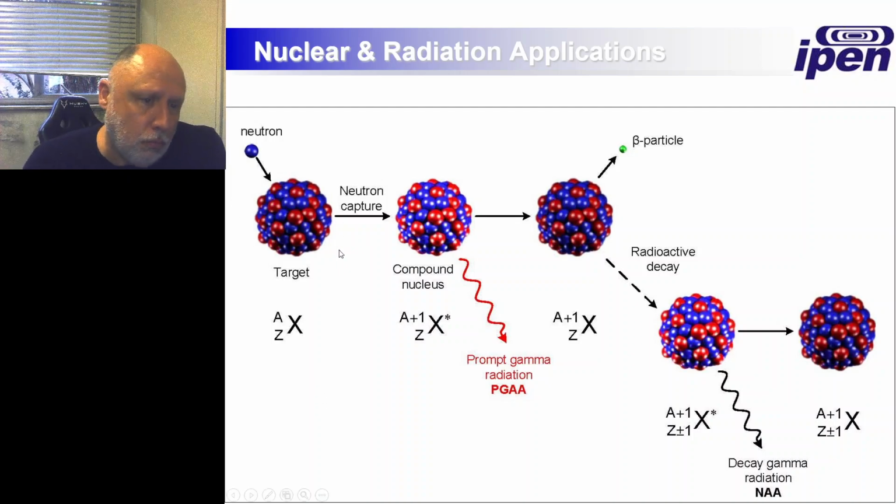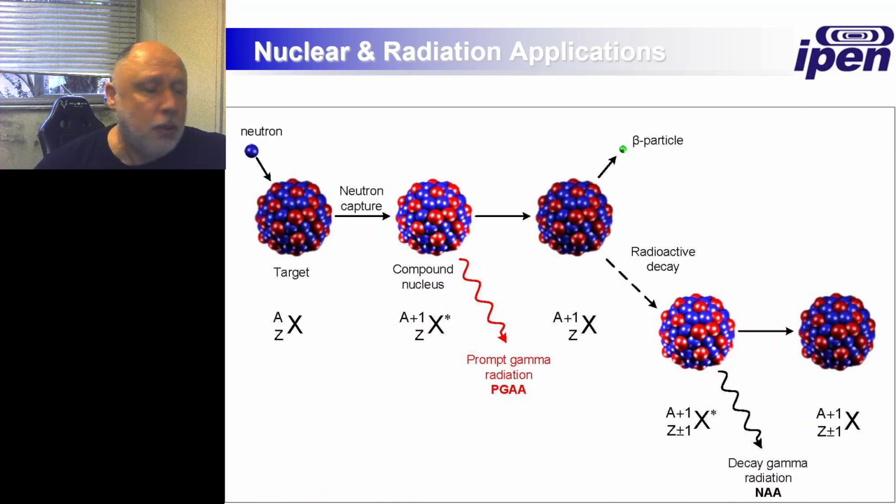There are a few practical things about it, because when we irradiate inside the reactor, we're talking about 10 to the 13th neutrons per square centimeter per second. And when we irradiate on the neutron beams, we are talking 10,000 times fewer neutrons.